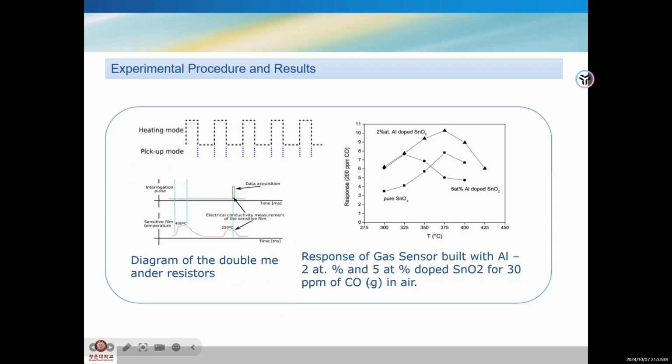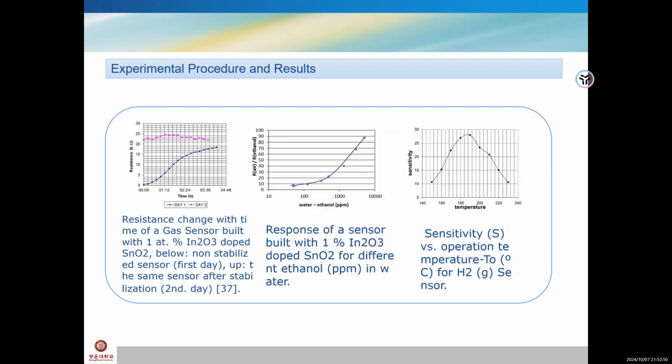And this is a response of a gas sensor built with Al2O3. And this is some image about the tendency of time and temperature, resistance change with time of a gas sensor built with 1.